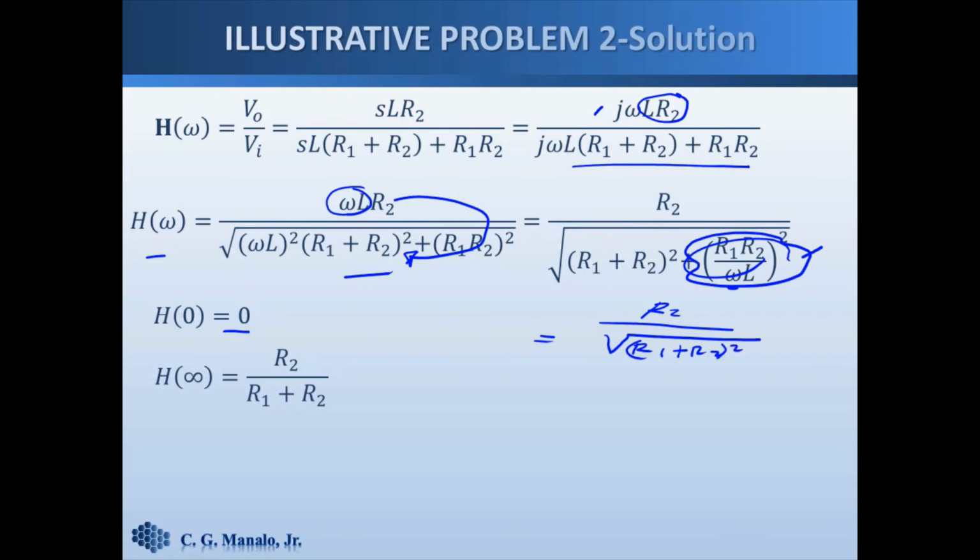So the square there will disappear, be the squared sign, and that should give us this one. So since we have a 0 at low frequency and a non-zero result for high frequency, that means this is a high pass filter. Take note the magnitude at high frequency is not unity. In fact, this is less than 1. Okay.